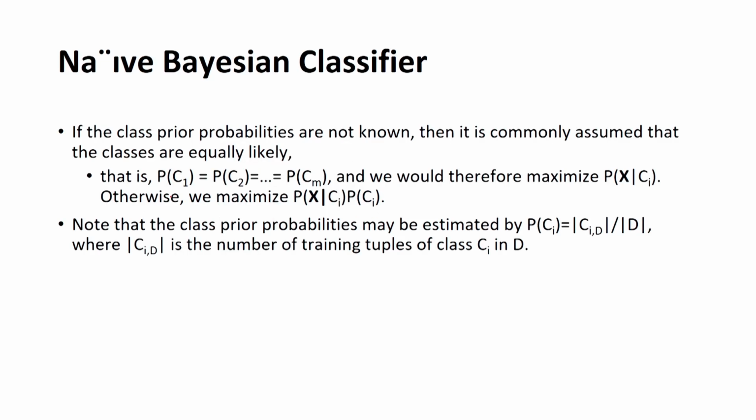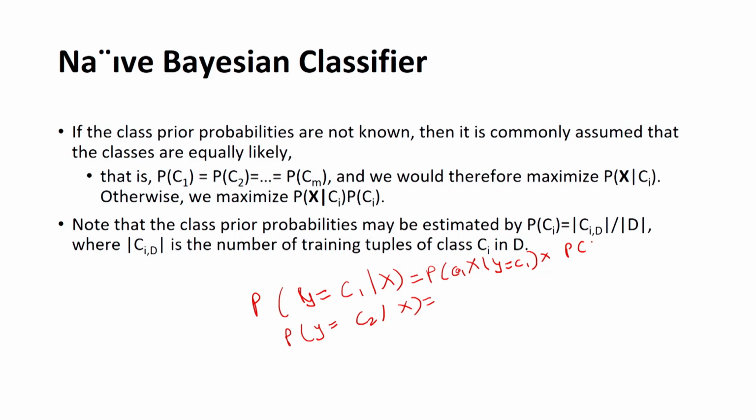Now, it is written in terms of classes. As we have seen, we will calculate probability of Y is equal to C1 given X. You will calculate probability of Y is equal to C2 given X, and we have assumed that since we know the denominator is the same, we will calculate only probability of X given Y is equal to C1 into probability of C1.